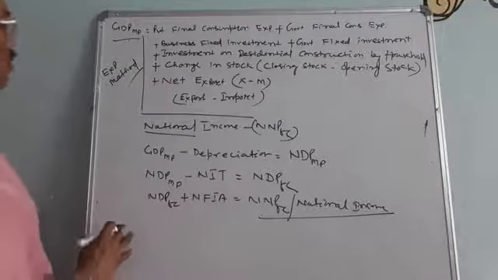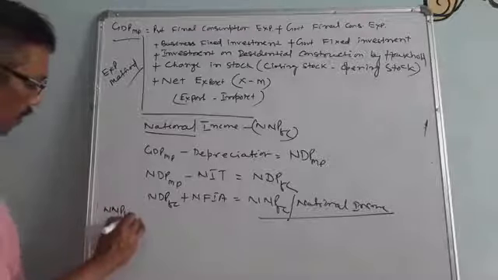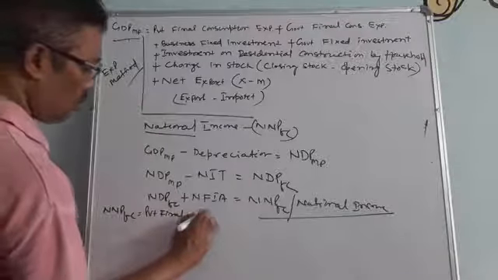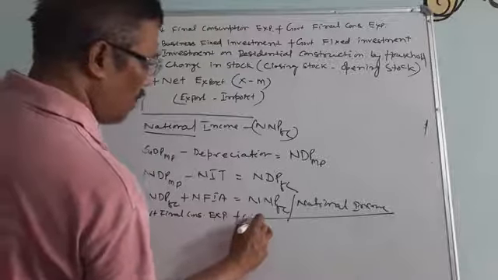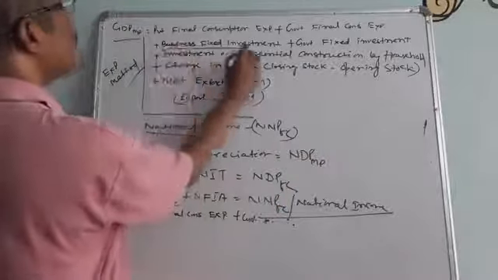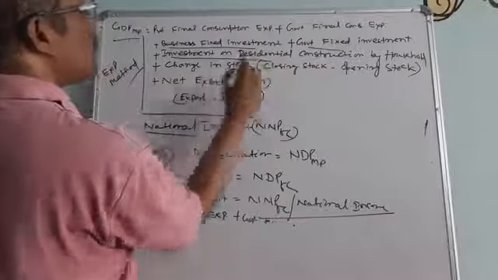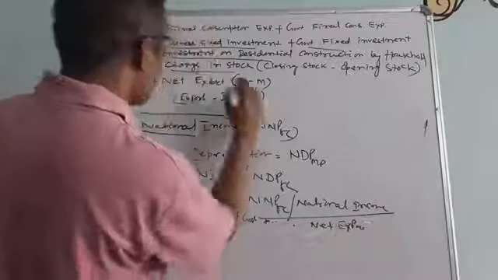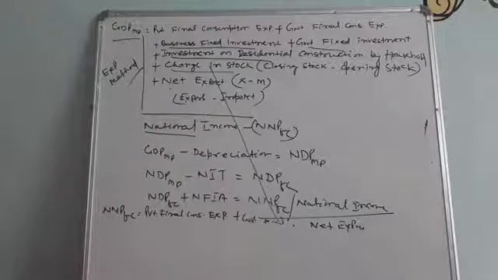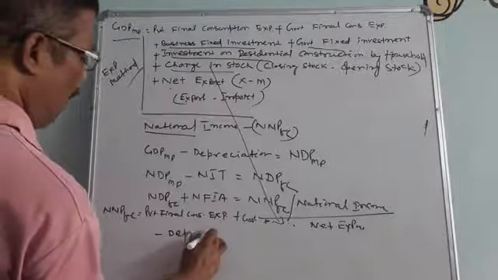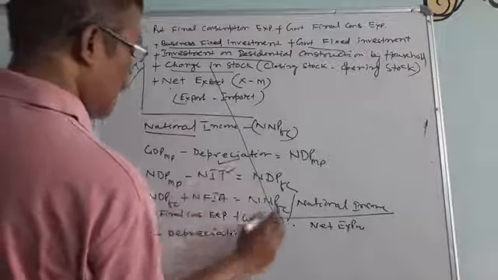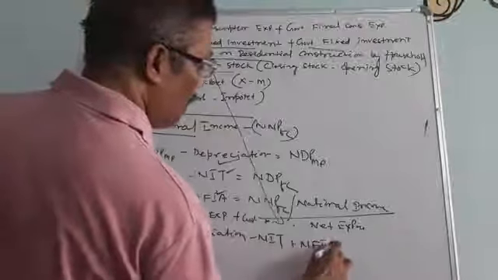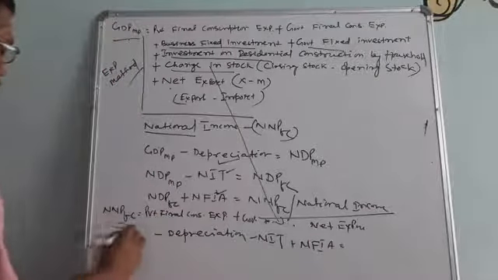If we find the formula directly, NNP at factor cost equals private final consumption expenditure plus government final consumption expenditure, plus business fixed investment plus government fixed investment plus investment on residential construction by households plus change in stock plus net export, minus depreciation, minus net indirect taxes, plus NFIA, equals NNP at factor cost, or national income.